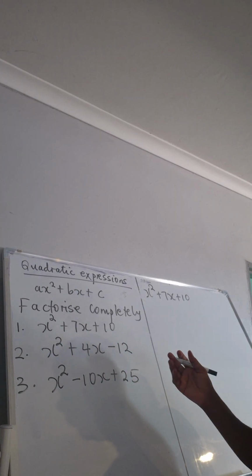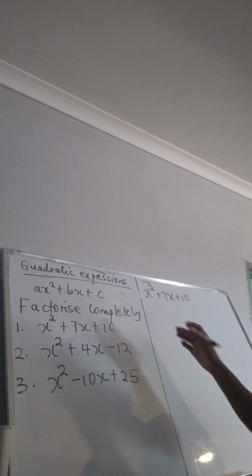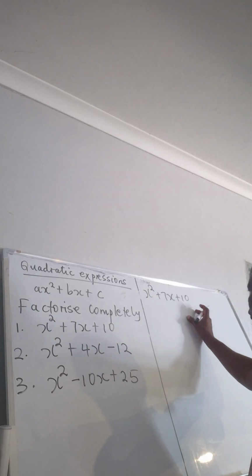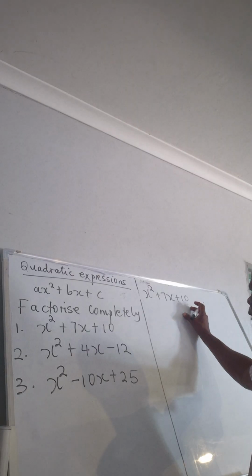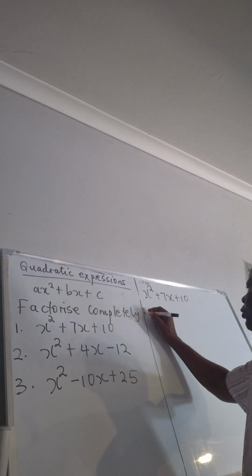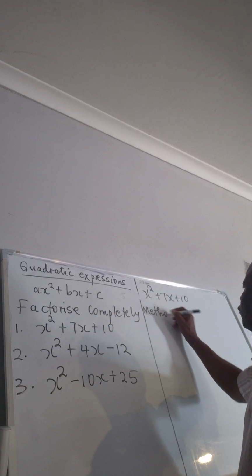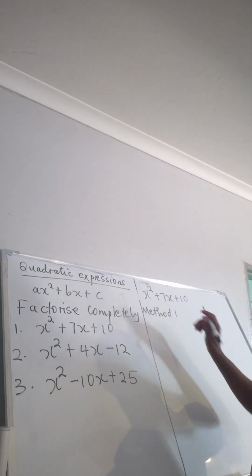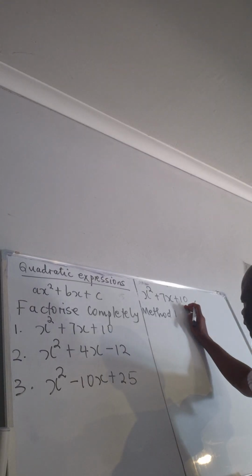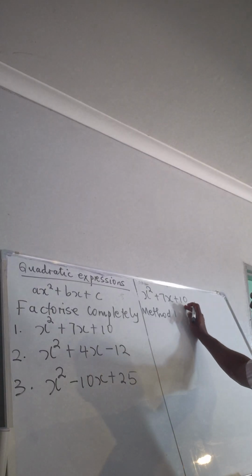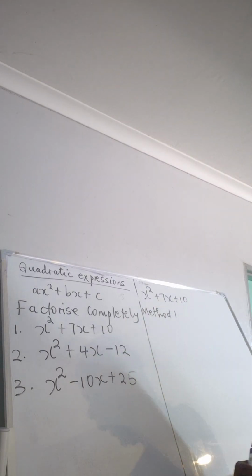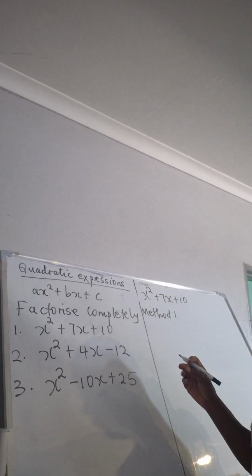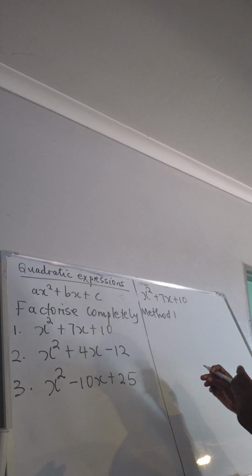There is no negative, so we are not going to think about any negative in this case. I'll teach you two methods. Method 1 is the straightforward one, which does not show any working. You are going to look at the factors of 10 which, when you add, must give 7, the middle term.